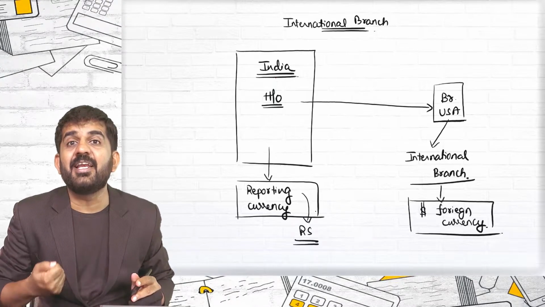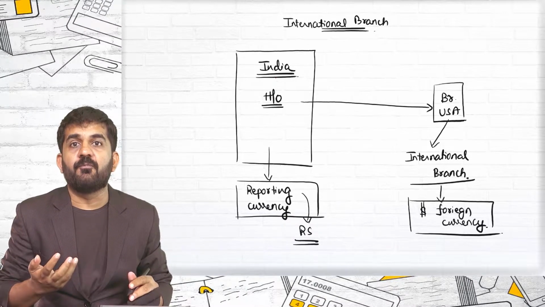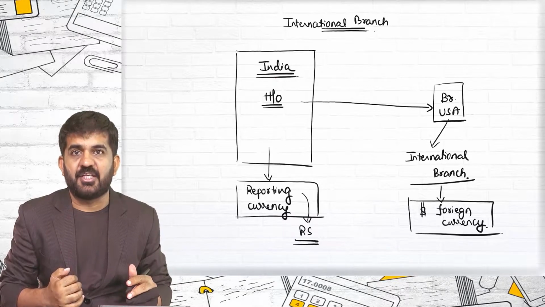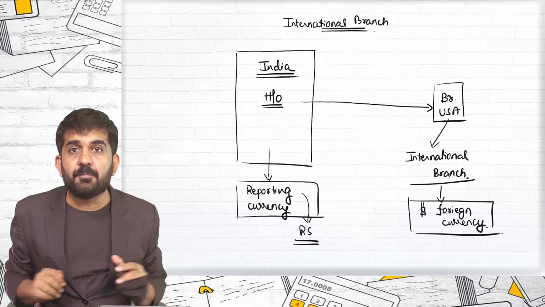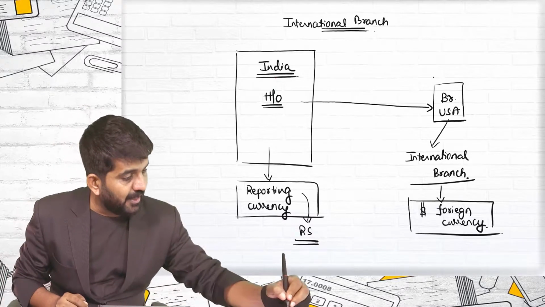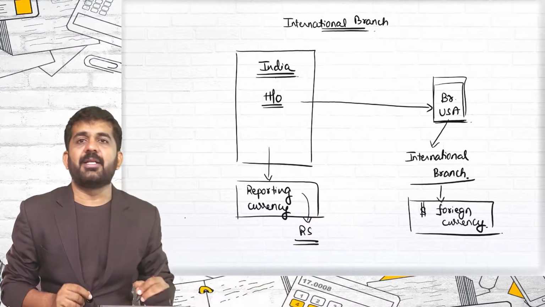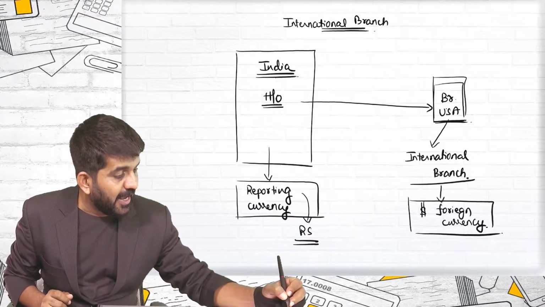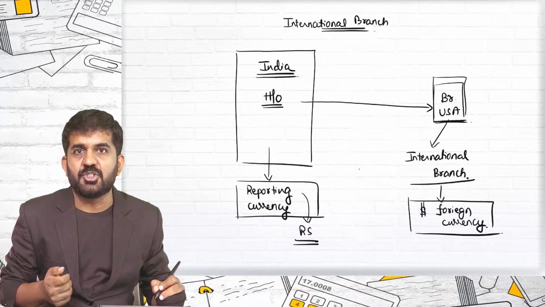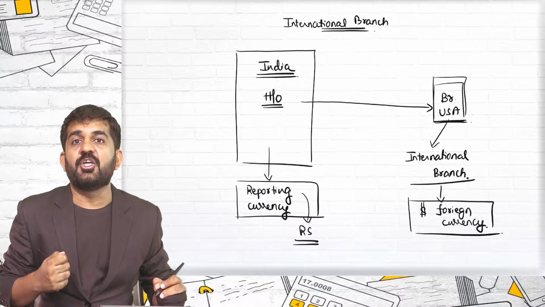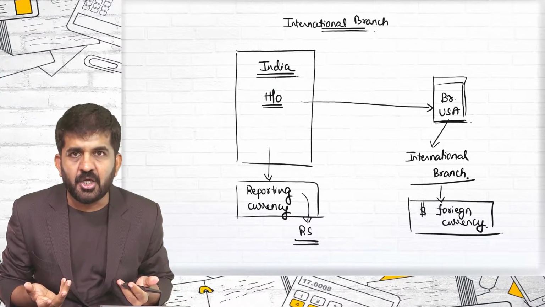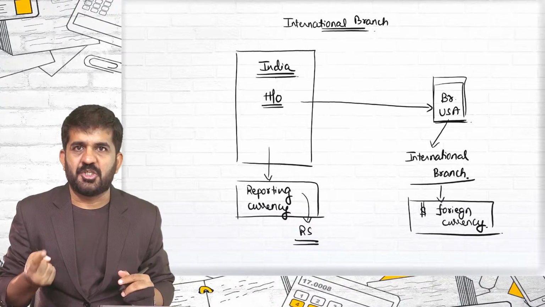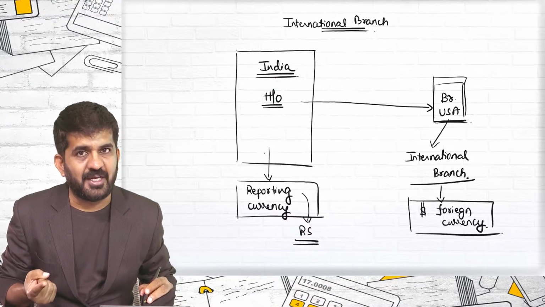Why convert? Because when we consolidate our balance sheet, the whole company's balance sheet, we will have to take assets, liabilities, purchases, sales, everything of this USA branch, which is denominated in US dollars. So we will have to convert that US dollar into Indian rupees. So number one, conversion is required to prepare a consolidated balance sheet.